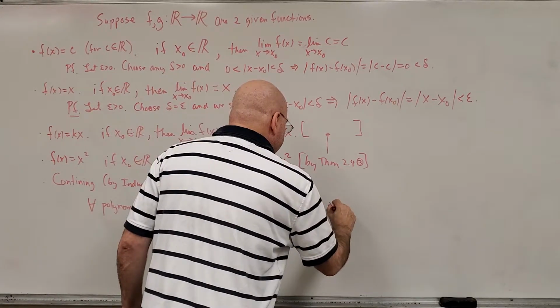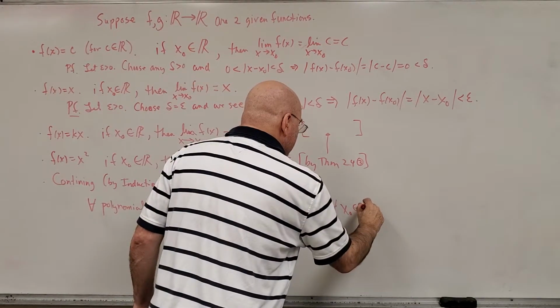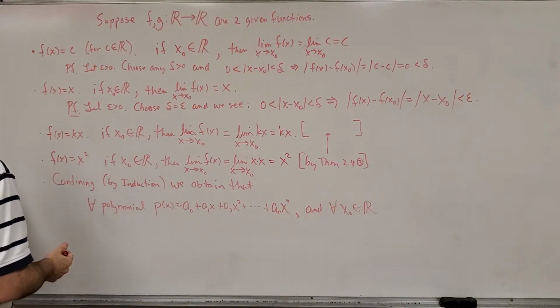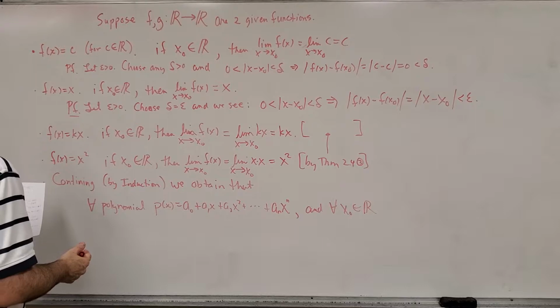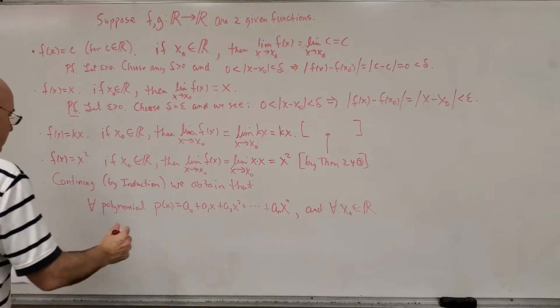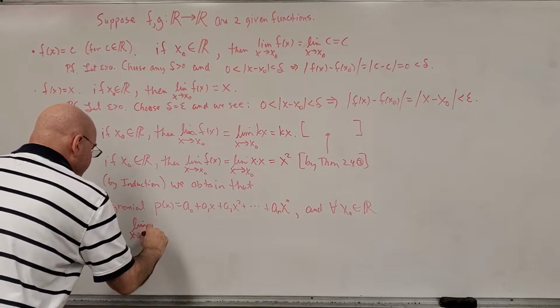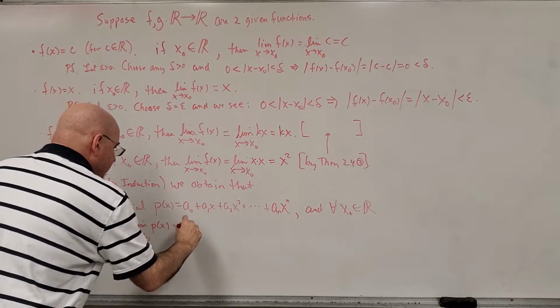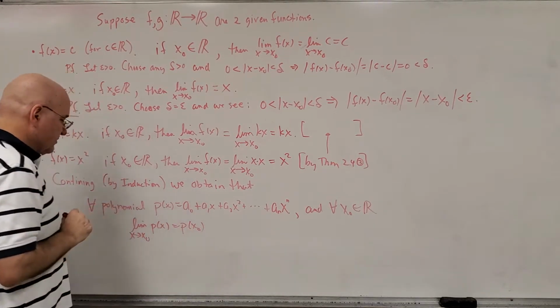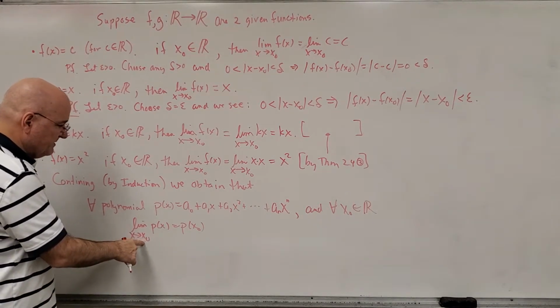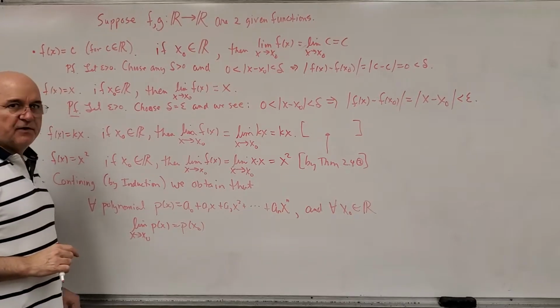And for every x naught on the real line, I'm just going to state that the limit exists. The limit, as x goes to x naught of p of x, is equal to p of x naught. Just what you get by plugging in that limit point into the polynomial.